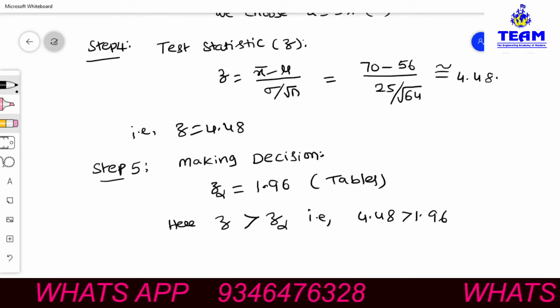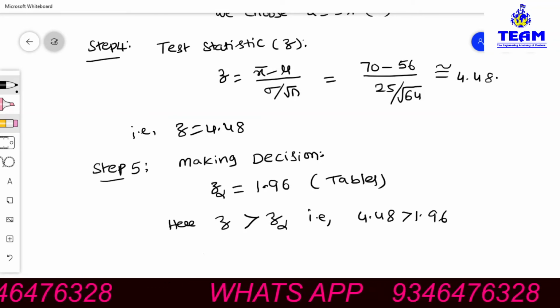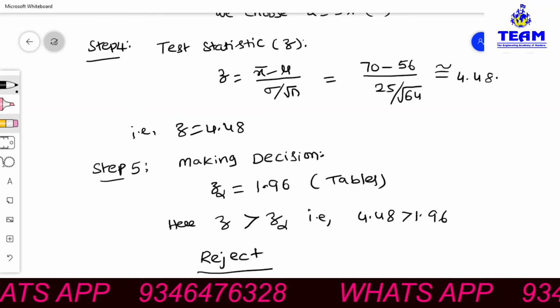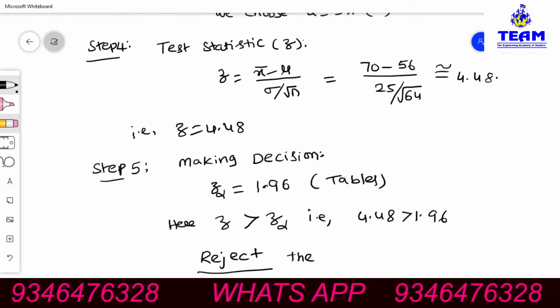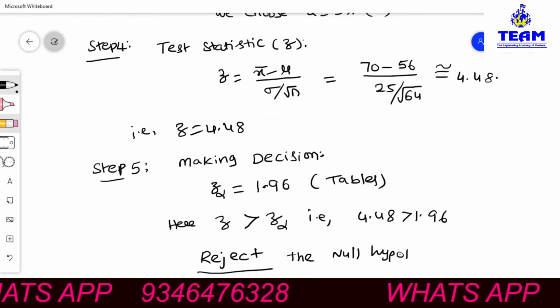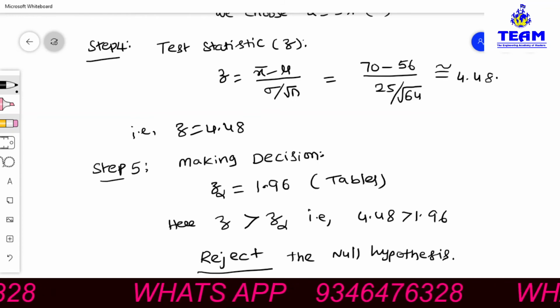Hence, we conclude, making the decision, to reject the null hypothesis. Friends, this is about the first method.